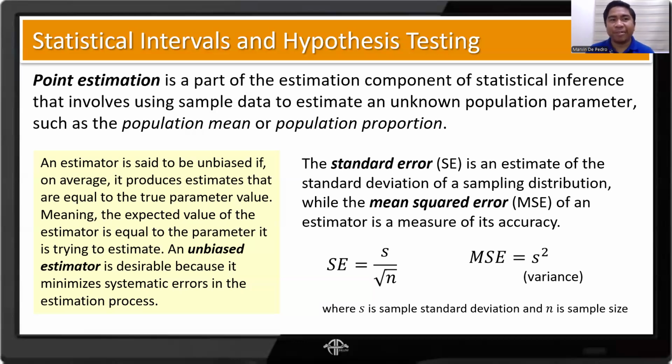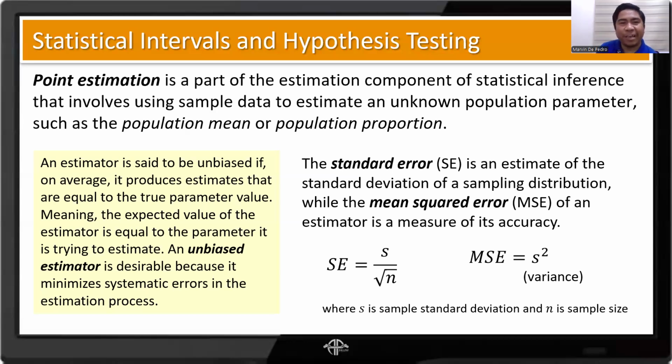If you try to do these estimates even if you know your data doesn't have a normal distribution or is far from normal, then you are now a biased estimator. Take note that an unbiased estimator is desirable because it minimizes systematic errors in the estimation process.